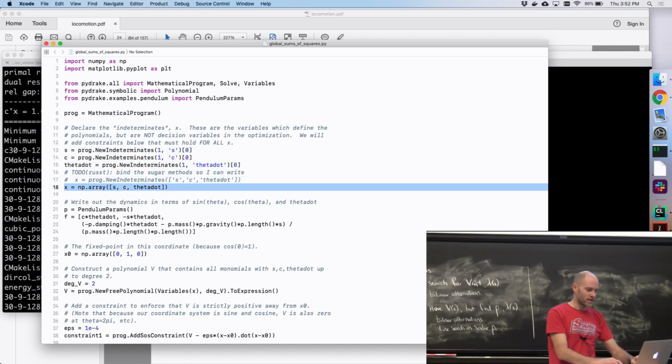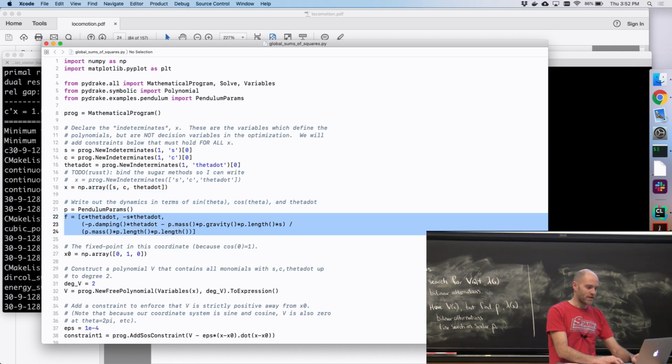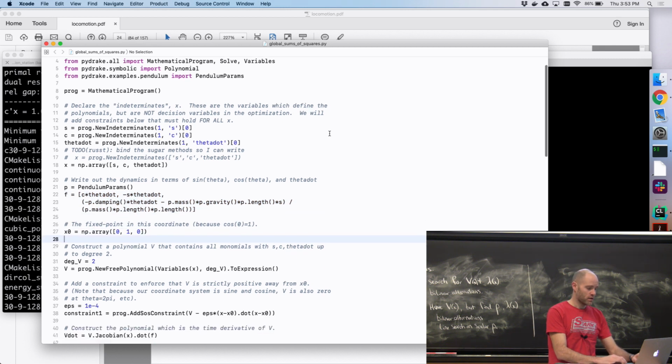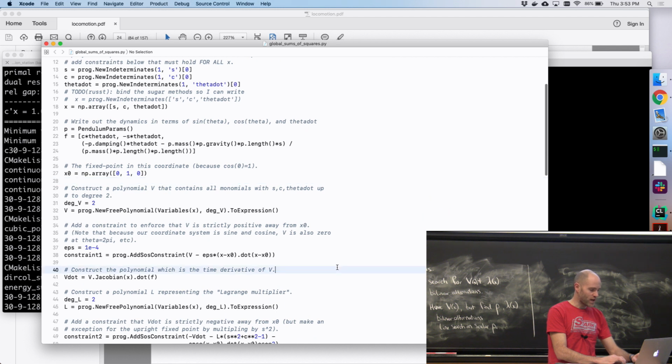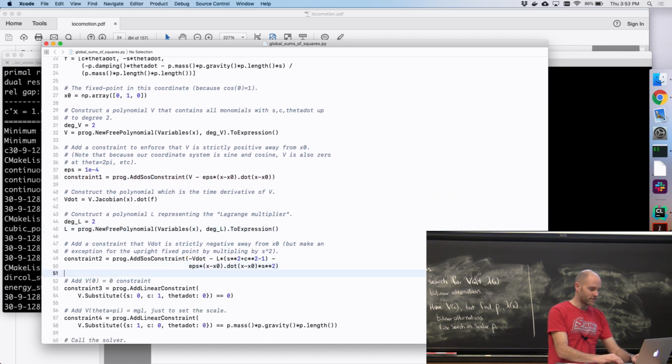I combine those into x. I write my pendulum dynamics, f. It's now got 3 variables. It's a little weird, but it's all good. And then I'm going to add a constraint that v is positive, that v dot is negative, but with this extra term with a Lagrange multiplier saying that sine squared plus cosine squared equals 1. Okay?